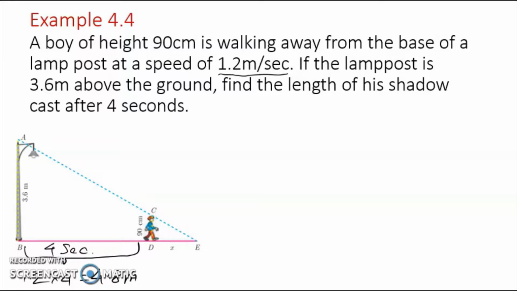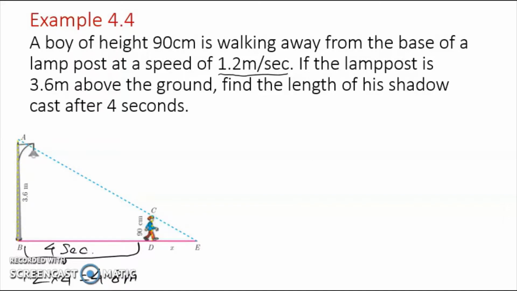And the shadow would be in this angle, right? The lamppost is here, so the shadow will fall in this direction. So this should be his shadow, which is X. All right. So considering that this is the shadow that is formed, X is the shadow, we can see now we have two triangles here.